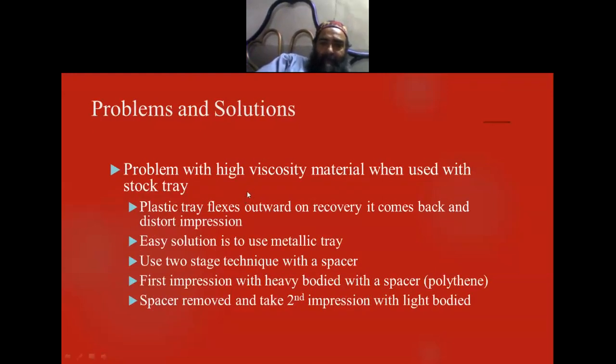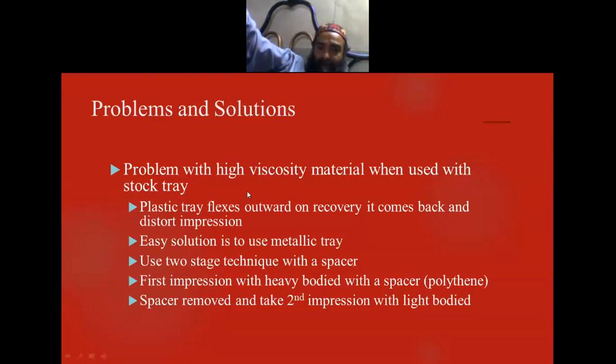Problem with high viscosity material when used with stock tray. These are problems when stock trays are used for taking impression with high viscosity material.